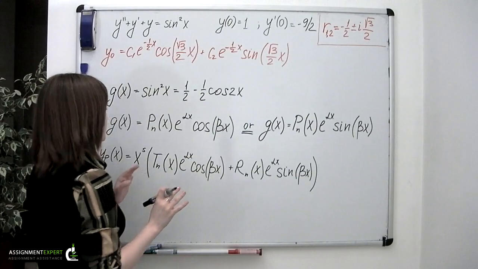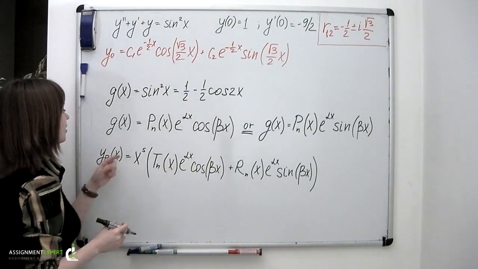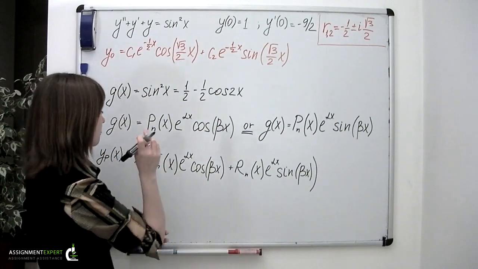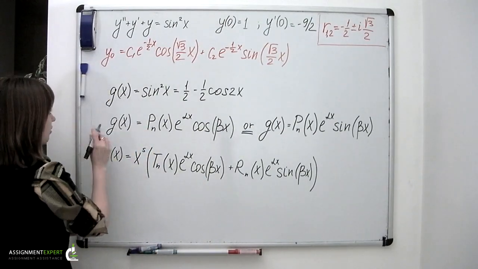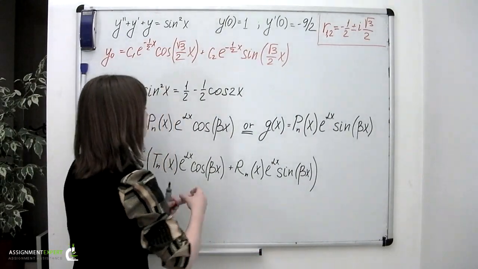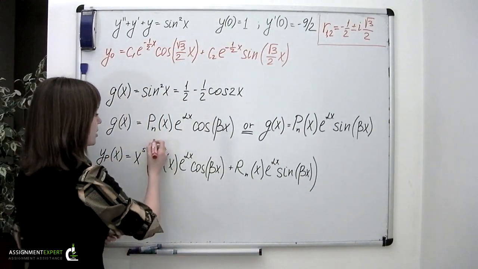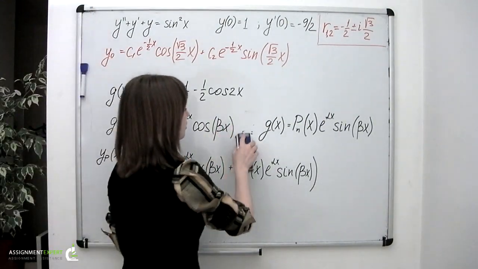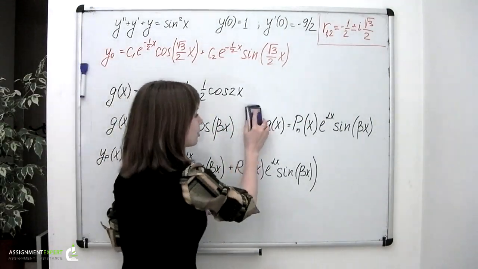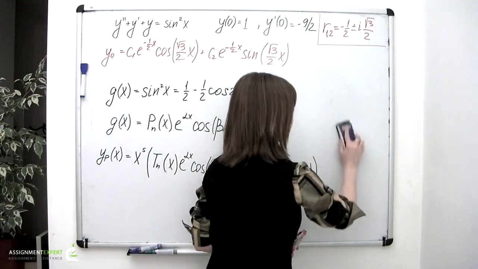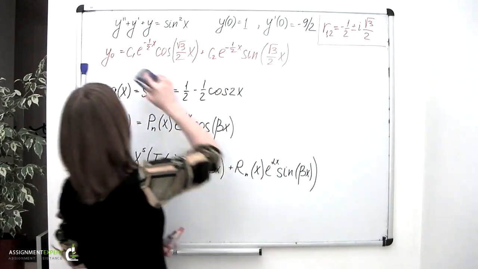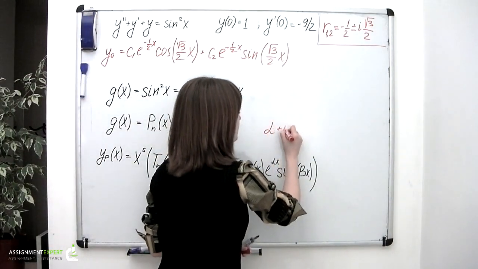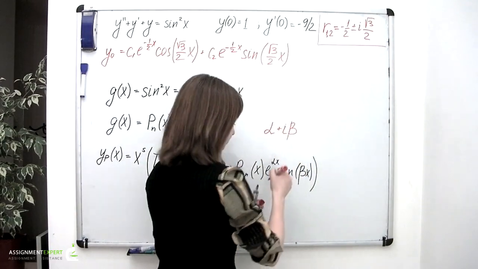Before getting started with this, we need to take another close look at our g of x, the non-homogeneous term, because we first of all need to form the expression alpha plus i times beta.